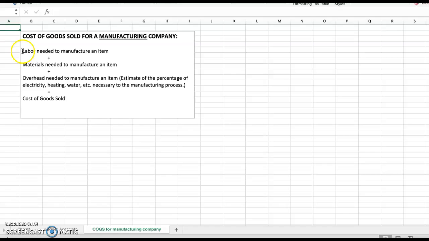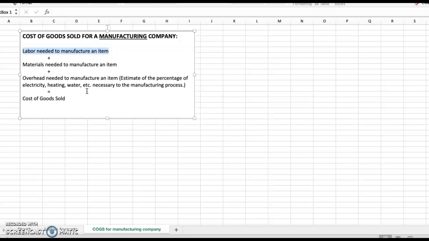We need to look first of all at the direct labor needed to manufacture the items. These were the people that actually construct the thing that is eventually going to be sold to a retail store, and the store then marks it up and sells it to customers. But the actual labor needed to manufacture the item is one factor.